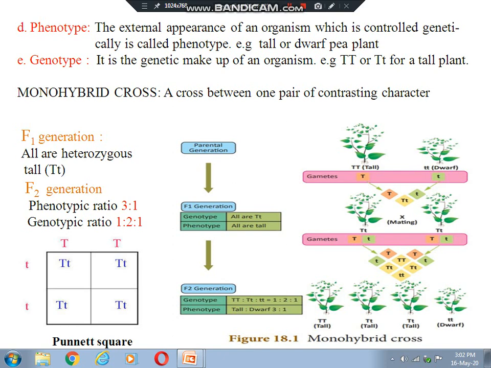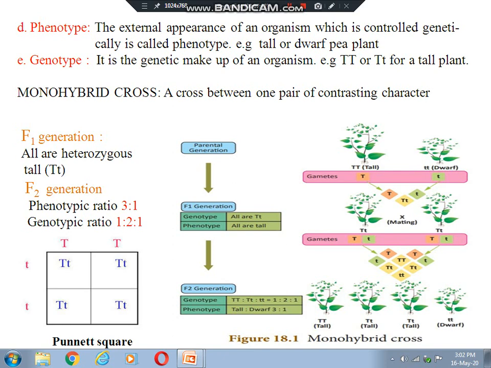Then monohybrid cross. Now what is monohybrid cross? Monohybrid cross is the study of inheritance of a character which is controlled by a single pair of genes. The first study of monohybrid inheritance was done by Mendel. Mendel selected two sets of pure breeding pea plants with contrasting characters for height.